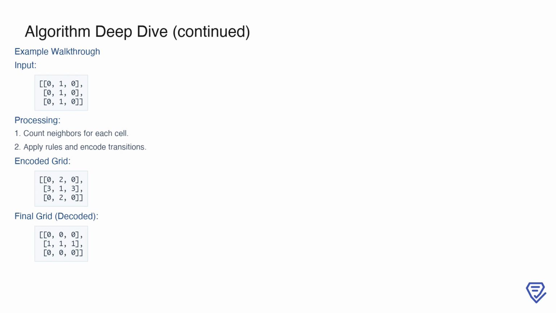For instance, the top middle and bottom middle cells die due to underpopulation, encoded as 2, while the middle left and middle right cells come to life, encoded as 3. The resulting encoded grid reflects these transitions. Finally, we decode the grid back to its final state, where the middle row forms a horizontal line of live cells, and the rest are dead. This example illustrates how the algorithm efficiently handles transitions and updates the grid in place to simulate the next state of the game of life.